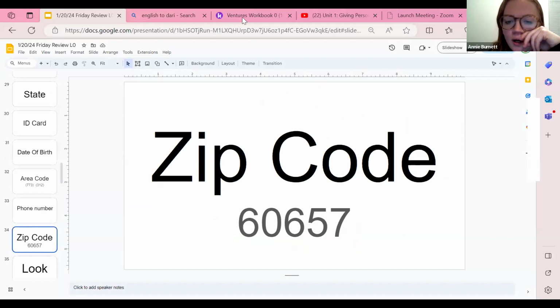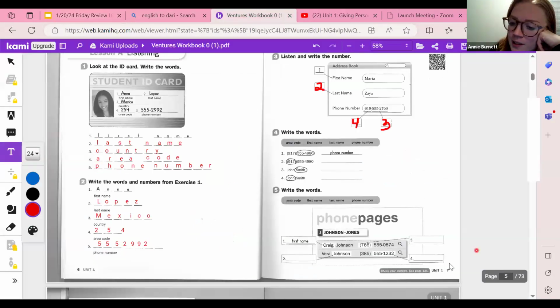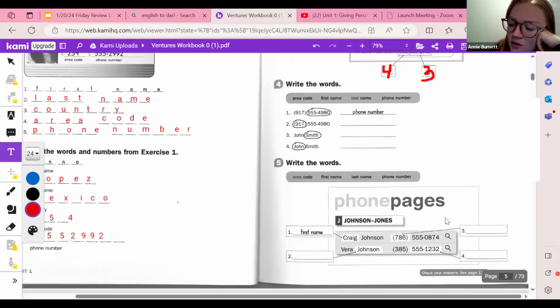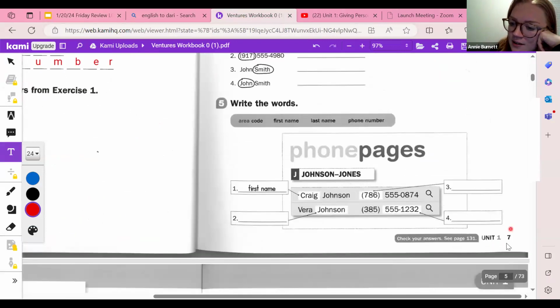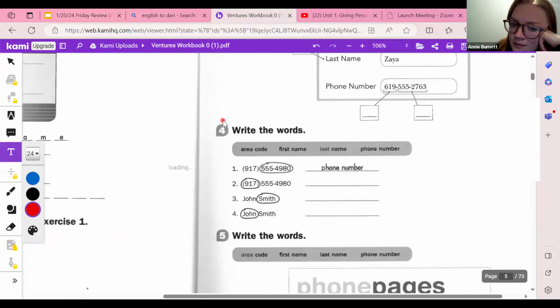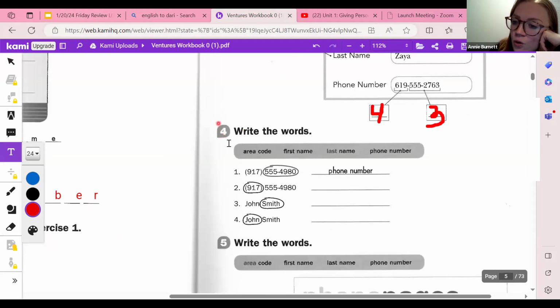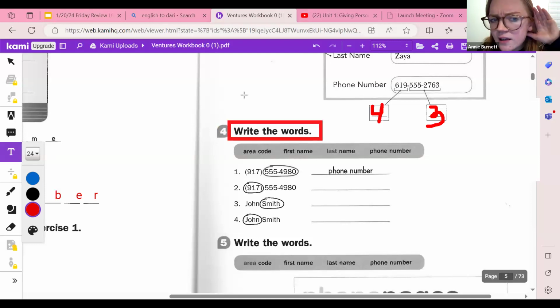Let's go into our student book, page 7. Student book, page 7. Exercise 4. What does this say?